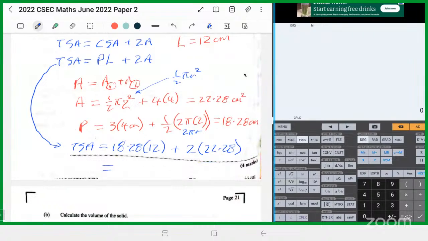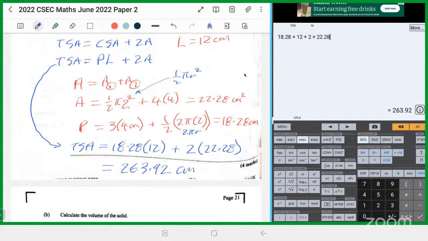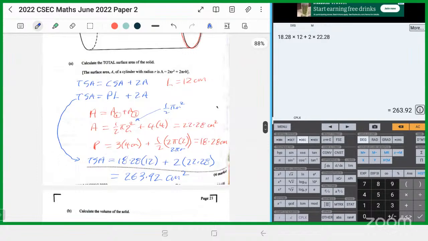So that becomes 18.28 times 12 plus 2 times 22.28, which is 263.92 centimeters squared, the total surface area. Okay with that? Very good.